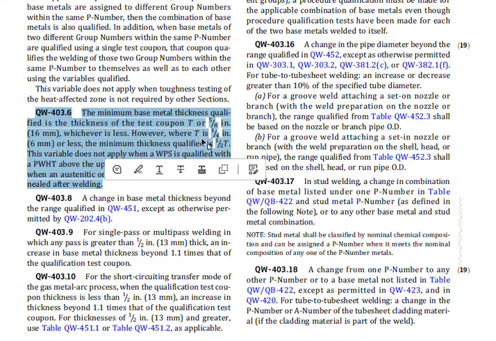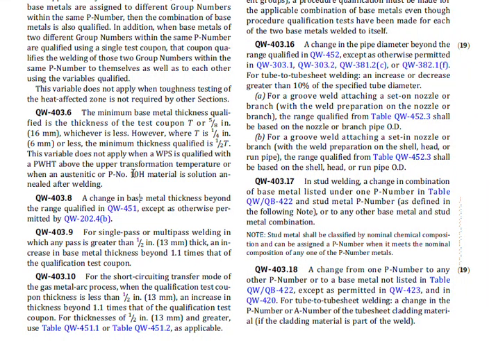However, where T is 6 mm or less, the minimum thickness qualified is T by 2. This variable does not apply when the WPS is qualified with a PWHT above the upper transformation temperature, or when an austenitic or P number 10H material is solution annealed after welding.